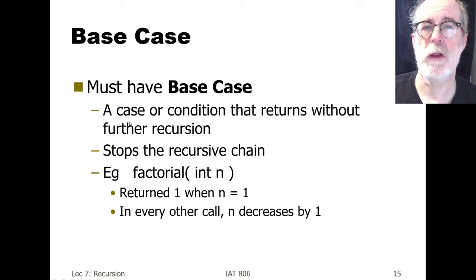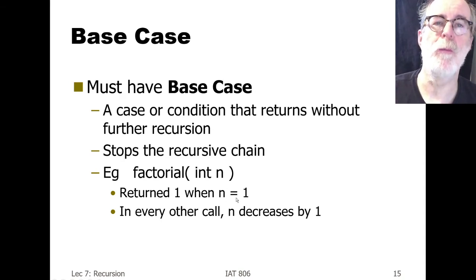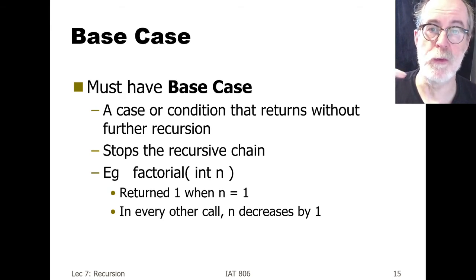In any case, the stopping condition is known as the base case. It is a case or condition that returns without further recursion, as I said, and it stops the recursive chain. In our case of factorial, the stopping condition was a value of n equal to or less than 1. So it returns 1 when n equals 1. If you're calling it with positive numbers, the stopping condition is when n decreases down to 1.